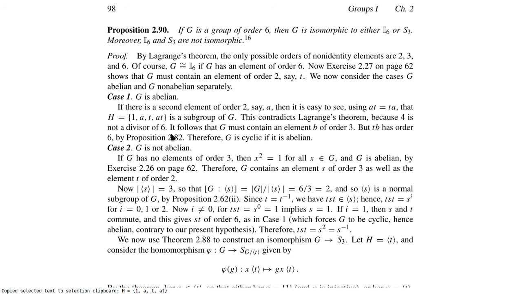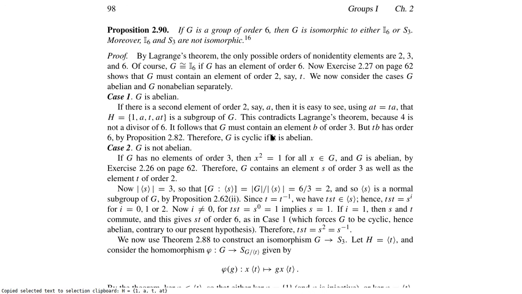So, of course, it's not divisible, so it's not possible. It follows that G must contain an element B of order 3. Essentially, you're going to have some element which has order 2, but every element cannot. You cannot have a subgroup, because if you have a second element of order 2, then you're going to get the subgroup for each of these elements, and that's a contradiction. So if your second element is not of order 2, then it must be of order 3.